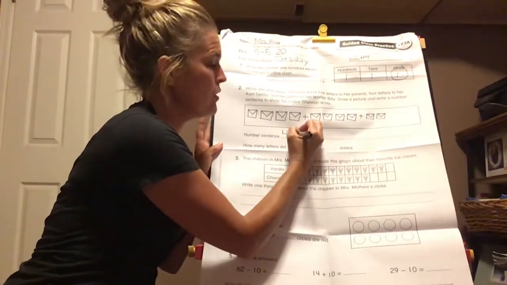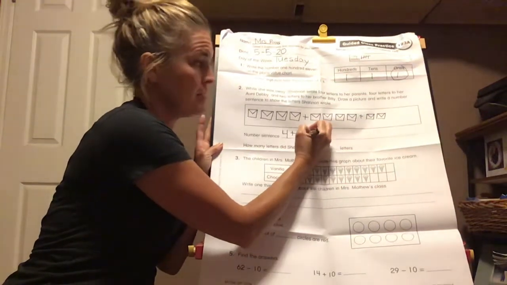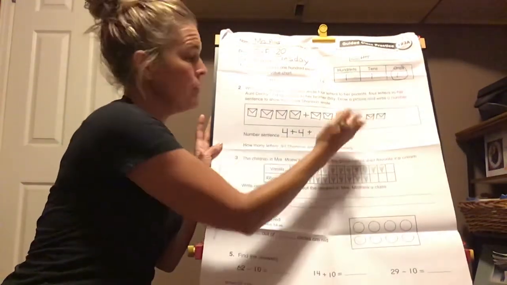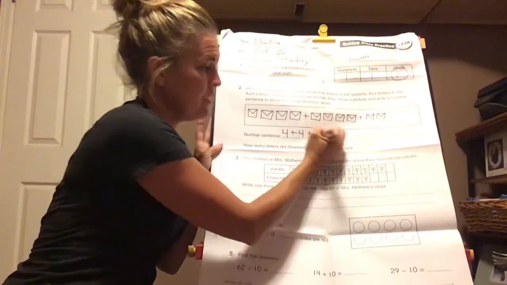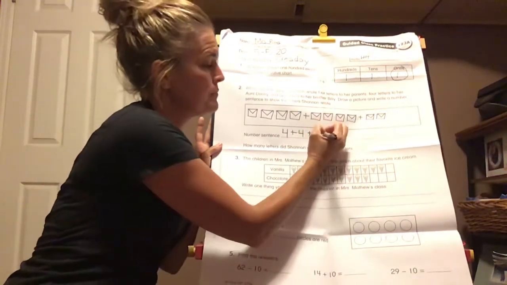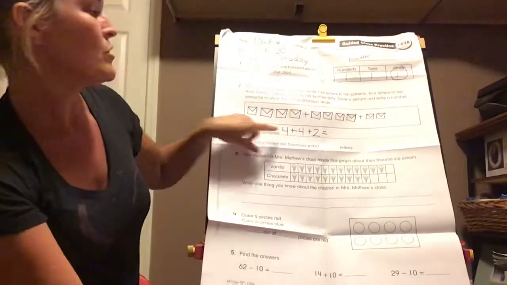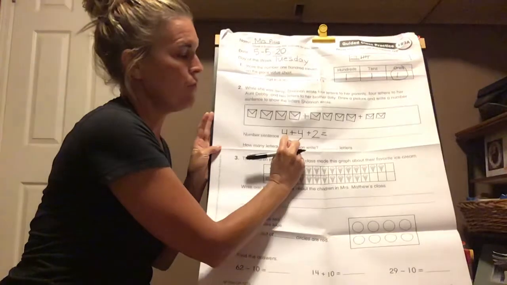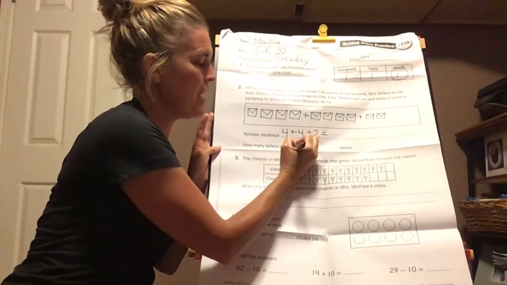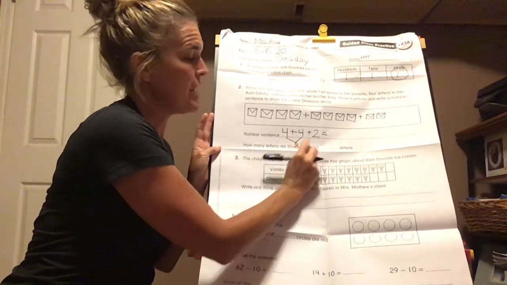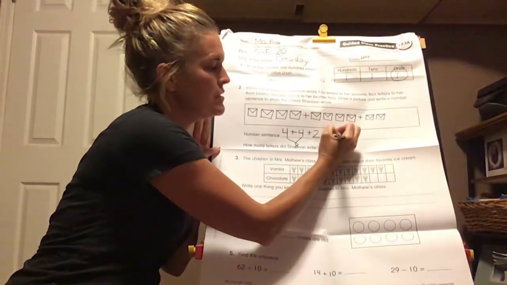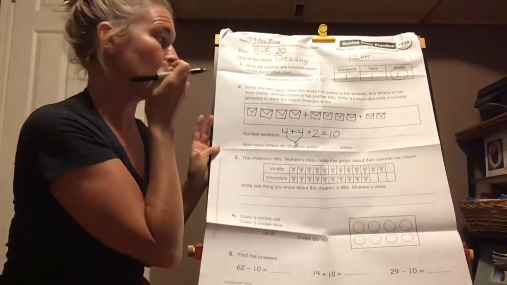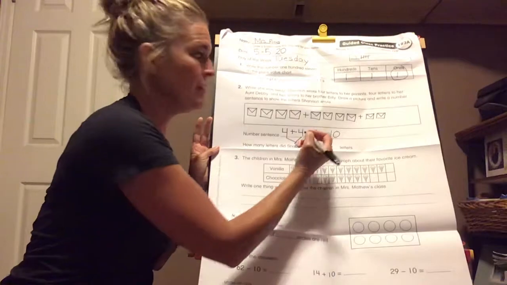So 4 plus 4 plus, how many did she write to her brother? 2. And now we're going to do our equals. And then you're going to do your problem just like we always do. So we're going to caret together. 4 plus 4 equals 8. Then 8 plus 2 equals 10. So how many letters did Shannon write? 10 letters.